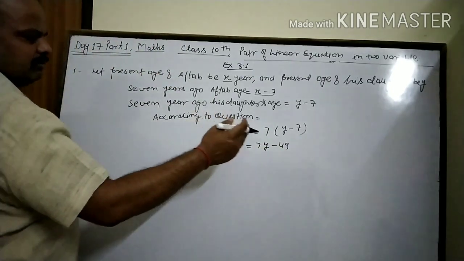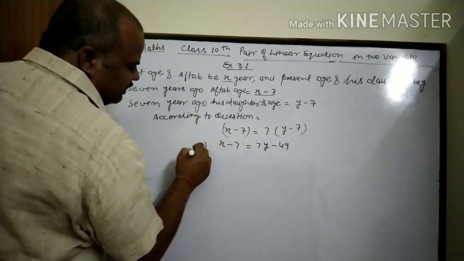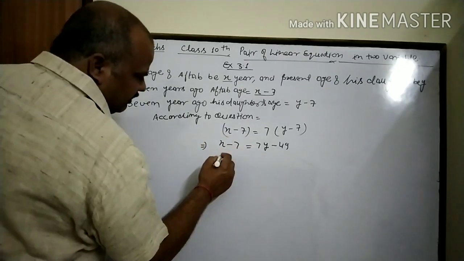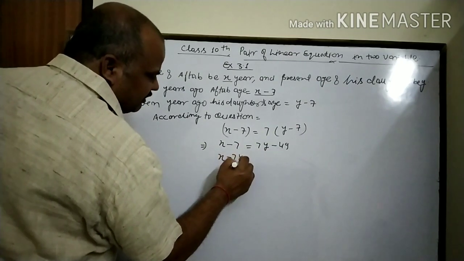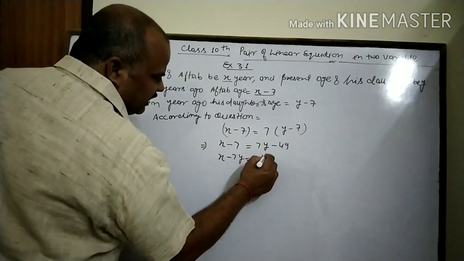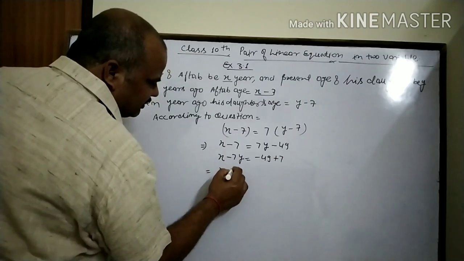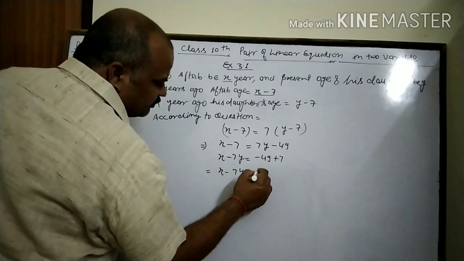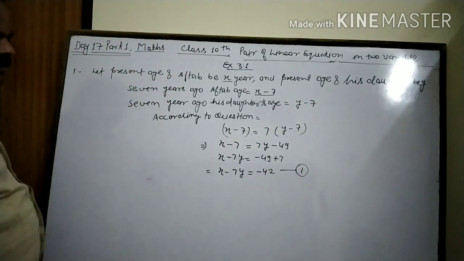Now numbers go to the number side and variables to the variable side. Here x, this minus 7y, and this minus 49 plus 7. Now it is x minus 7y is equal to minus 42. It is equation 1.